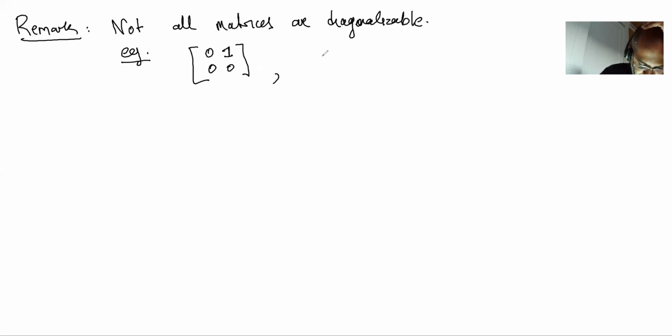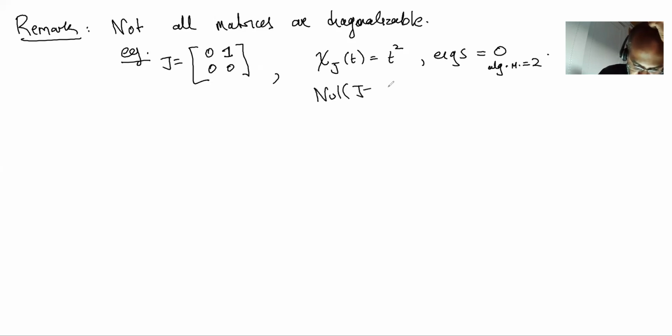Let's call this matrix J. The characteristic polynomial is just t squared, so the eigenvalue is just 0 with algebraic multiplicity equal to 2. But the dimension of the null space of J minus 0 times I is just 1. So you only have one eigenvector. You don't have enough eigenvectors. So not all matrices are diagonalizable.